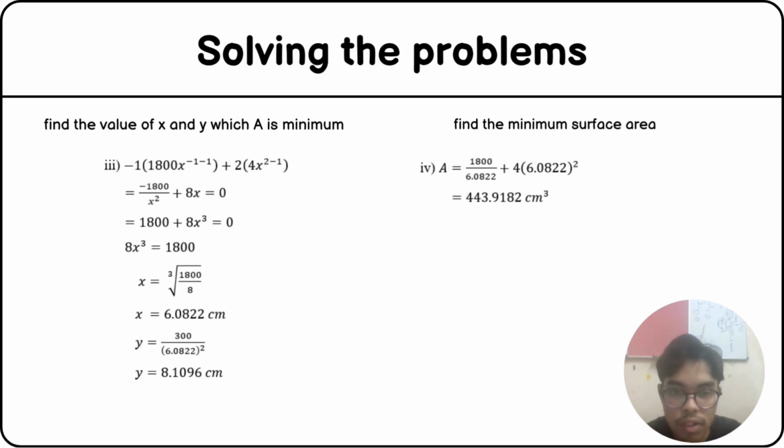The area equals 1800 over 6.0822 plus 4 times 6.0822 squared. So the final answer is 443.9182 centimeter squared. So that's all for solving the problem of the question.